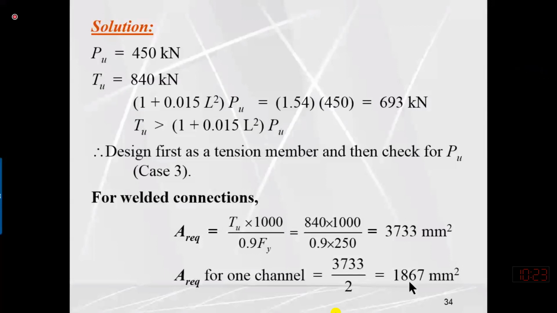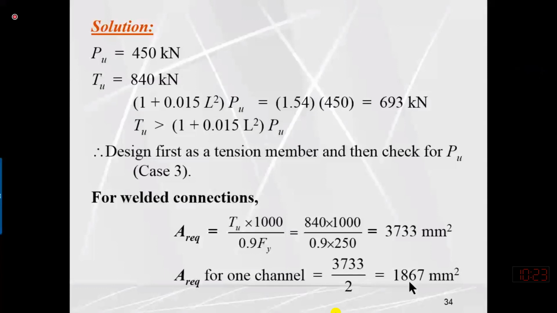I also need to check page number 66. On page number 66, in the second group and middle section, C 150 into 15.6 has an area of 1990, which is more than 1867.